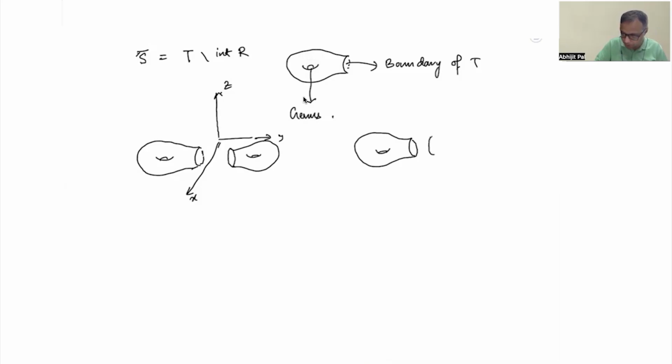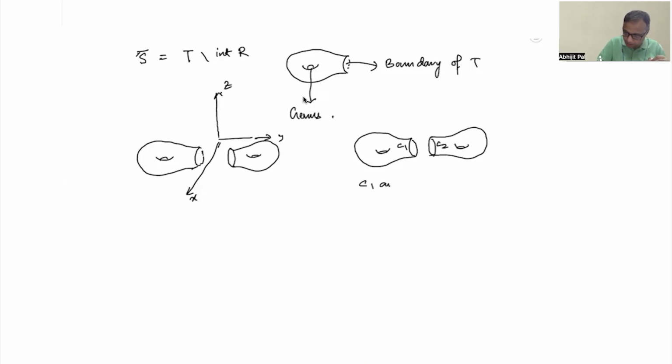So I have these two copies. Let us call this boundary C1 and this C2. In R3, C1 and C2 have the same length.